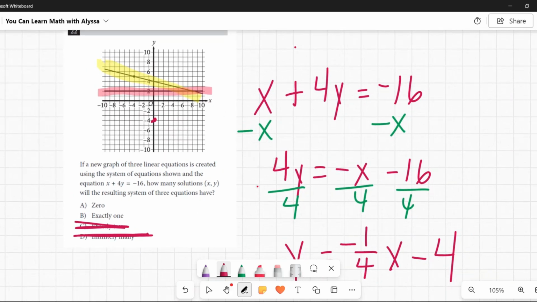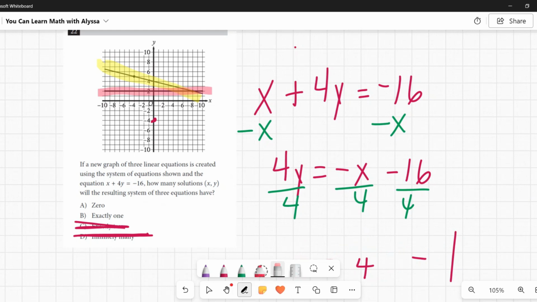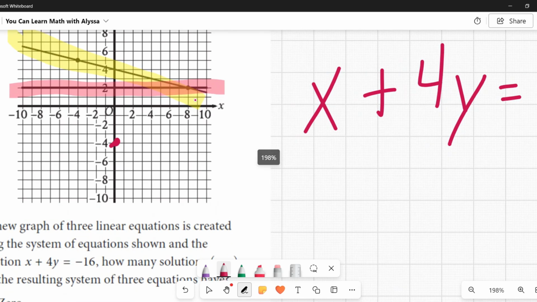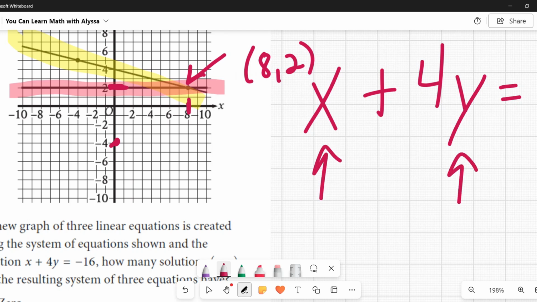Another thing you can do is take the point of intersection that we see up here that they've already highlighted, and it's right there. That point is 8, 2. And we can plug those numbers into here and see if it makes a true statement.